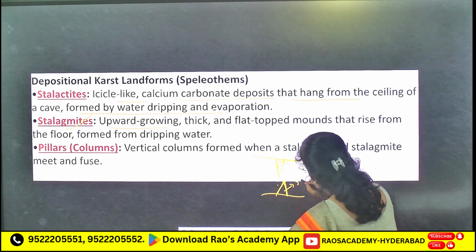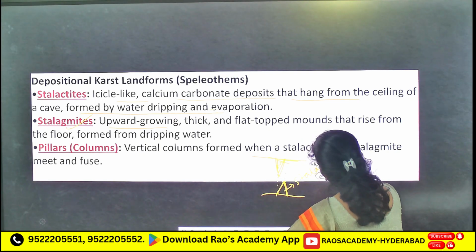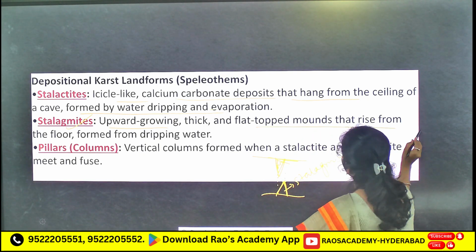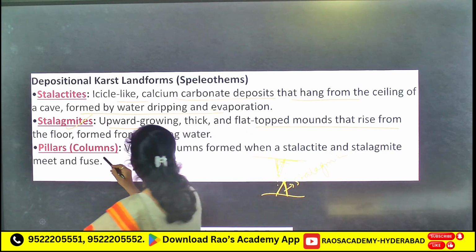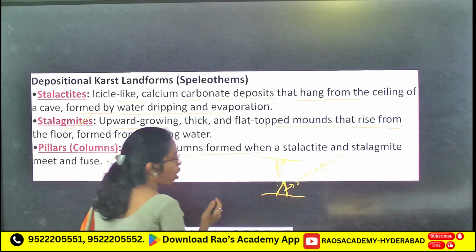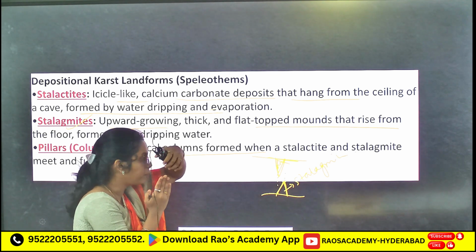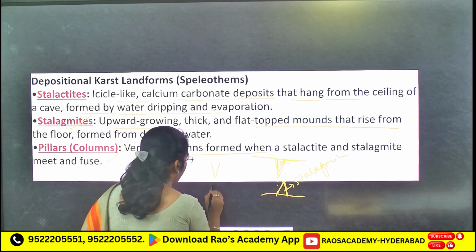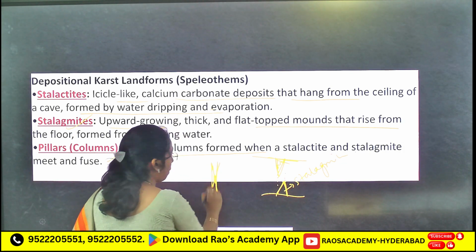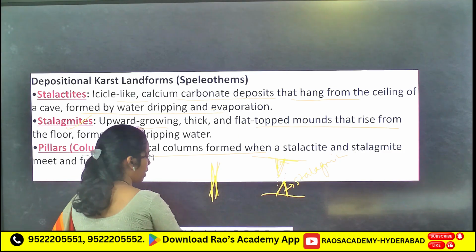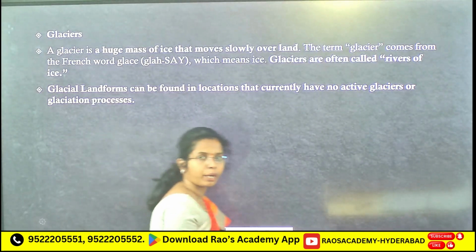Those are known as stalagmites. Now pillars: vertical columns formed when stalagmite and stalactite meet. When these two meet, they fuse and form a pillar.